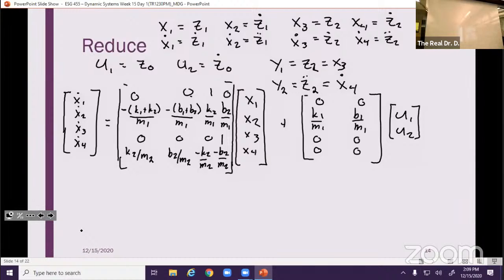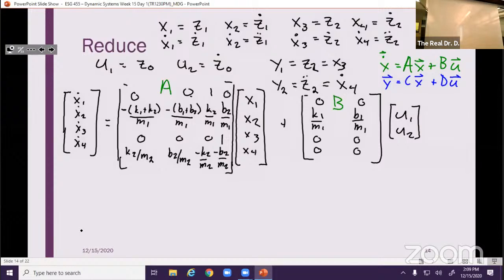The second one doesn't. So that's that, right? And that gave us A and B. Remember that we were trying to fulfill this equation, and remembering that the output equation is going to look like this.